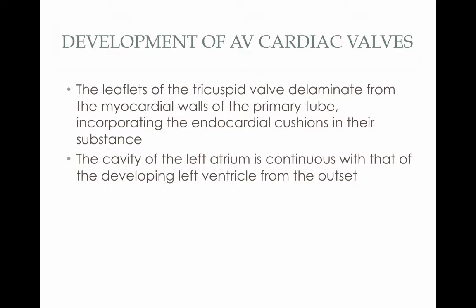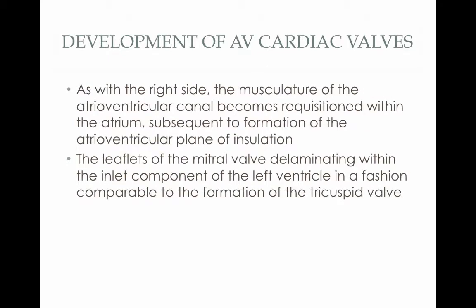this will be very similar to the mitral valve too, but on the cavity of the left atrium, it's continuous with the development of the left ventricle from the onset. So this is going on as those AV cushions have formed, and this delamination process of the valves undergo.